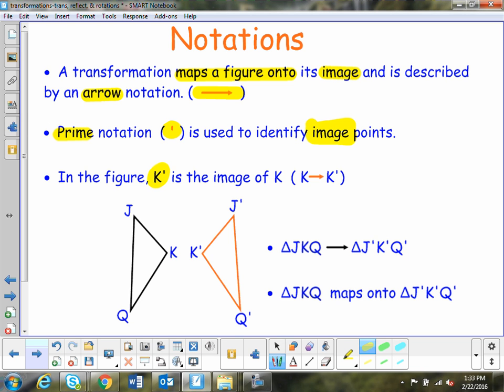That's going to be your image of K. The way you write it using the arrows and the apostrophe is K maps onto K prime. To state the whole polygon, triangle JKQ maps onto triangle J prime K prime Q prime. Again, the arrow means maps onto. So if you see the arrow, you've got to understand what that means.